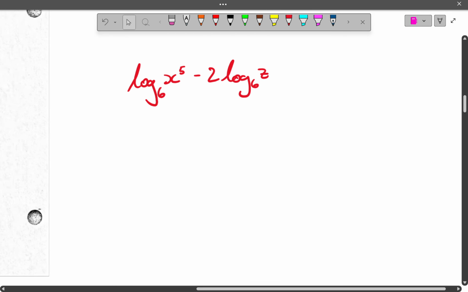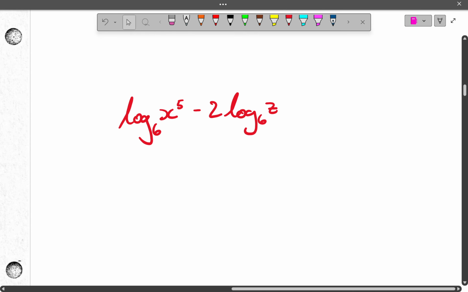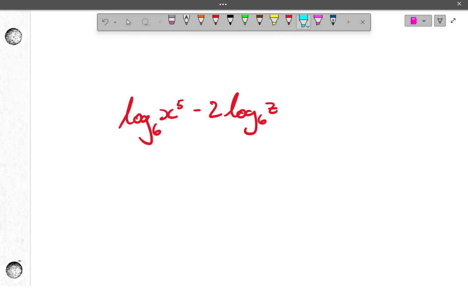It asks to write this just as one simple logarithm. We notice that we have base 6 on both, so that's good. But we can't move forward so fast because we have this 2 kind of like in our way.